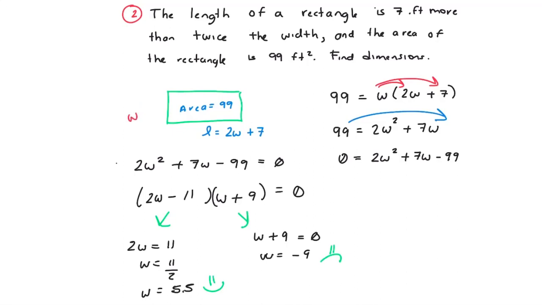and that the length is equal to 2 times 5.5 plus 7. So the length equals 5.5 times 2 plus 7, 18.